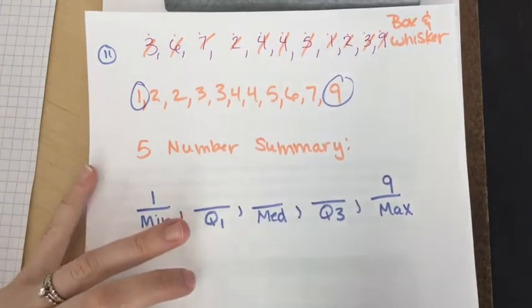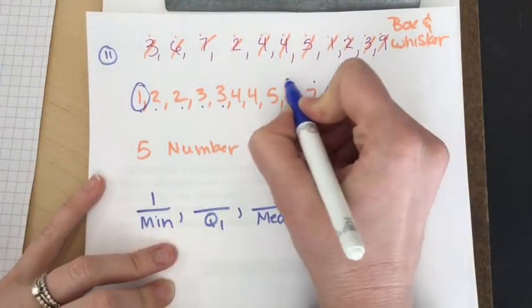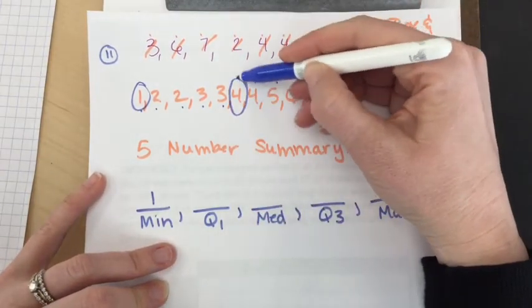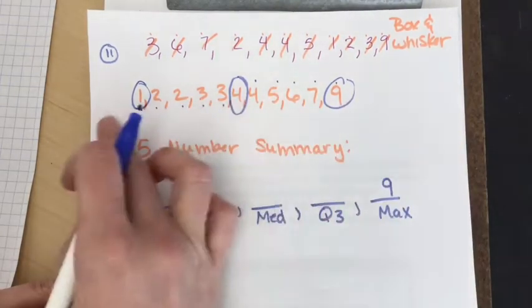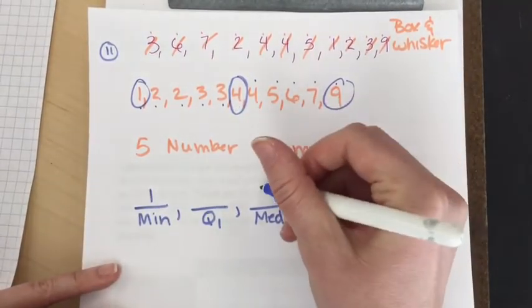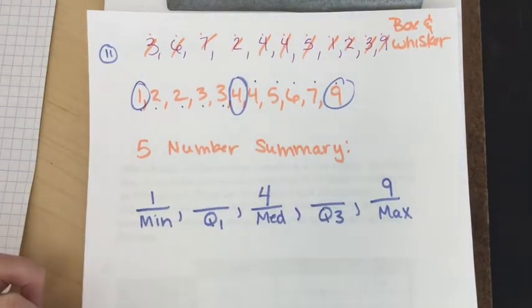So you can see here, 1, 2, 3, 4, 5, 1, 2, 3, 4, 5. Okay, so 4 is in neither half of the data. It is not in the first half. It is not in the second half. It is exactly our median. So that 4 right there is going to be identified as our median.